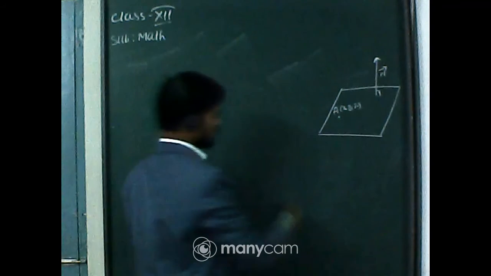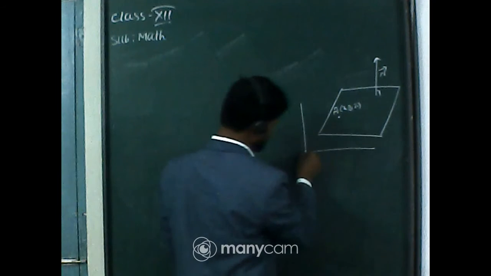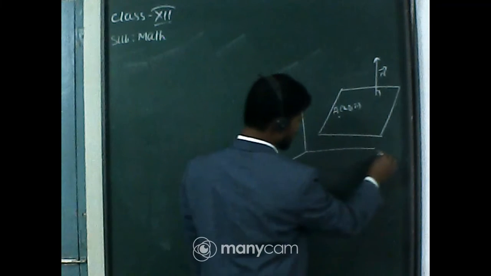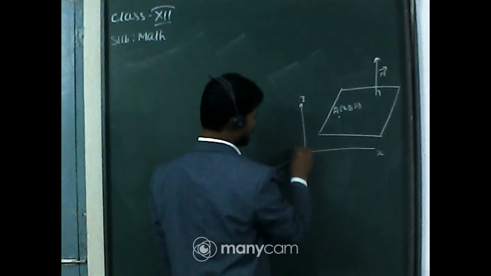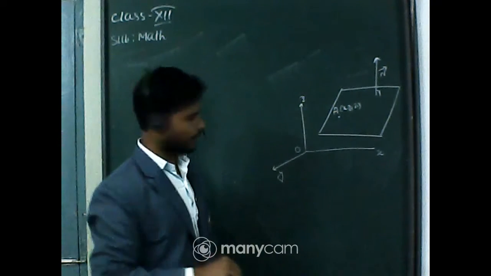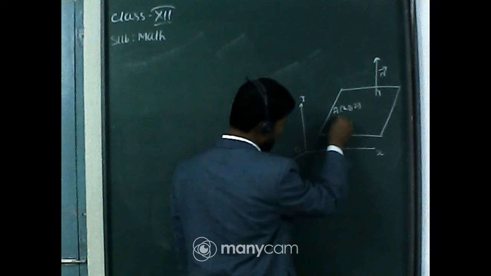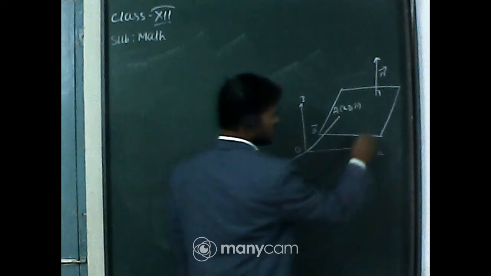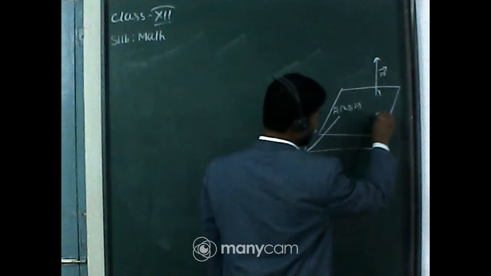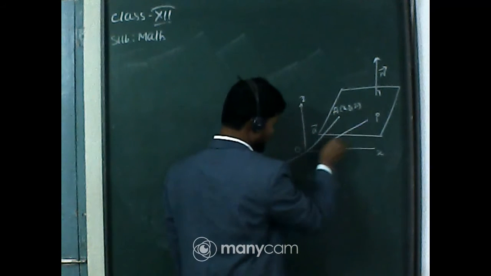Let us consider a set of rectangular axes. This is the x axis, this is the y axis, this is the z axis, and this is the origin. Let the position vector of the point A be the a vector, and an arbitrary point P have position vector r vector.